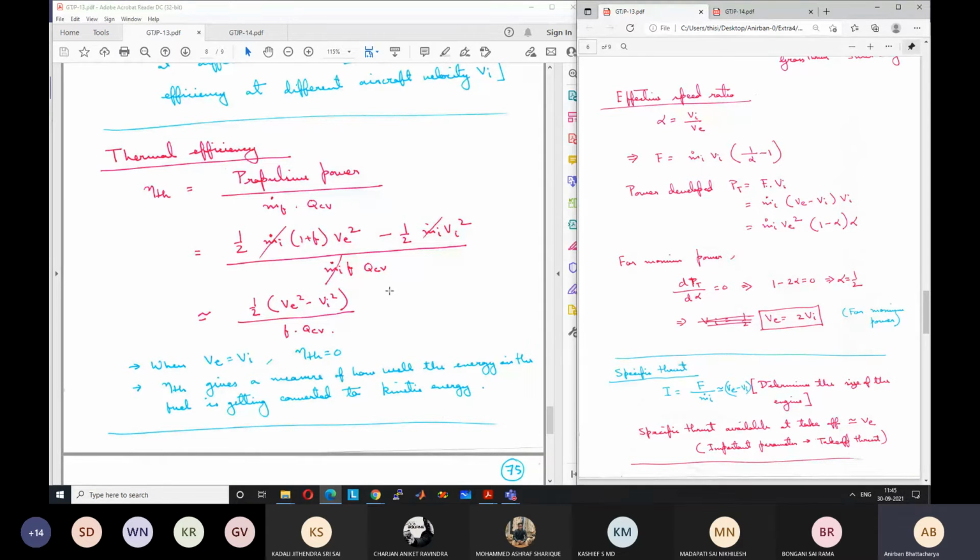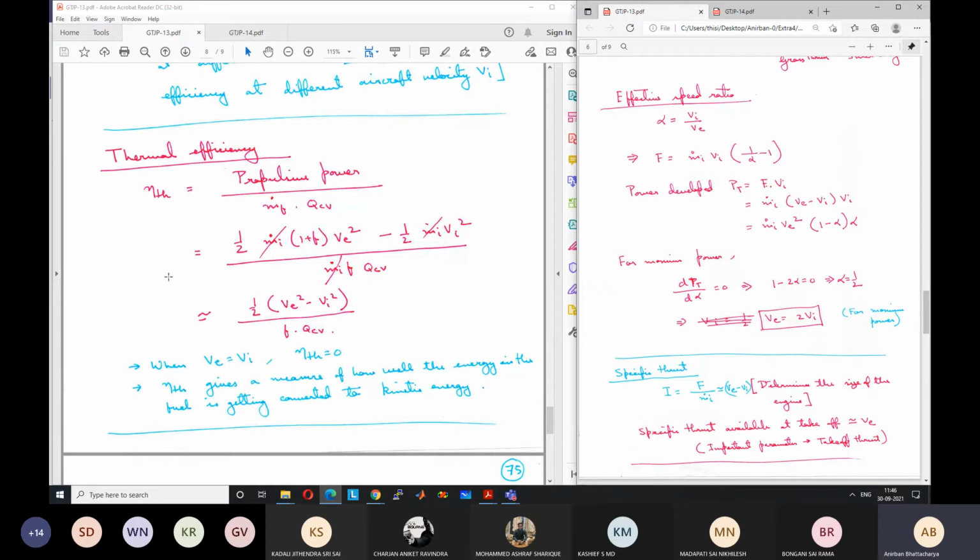If we ignore the fuel flow rate f in the numerator, assuming it to be very small as compared to 1, this is almost equal to half (V square minus Vi square) by f into QCV. So when V is equal to Vi, the thermal efficiency is actually 0, although the propulsive efficiency is highest.